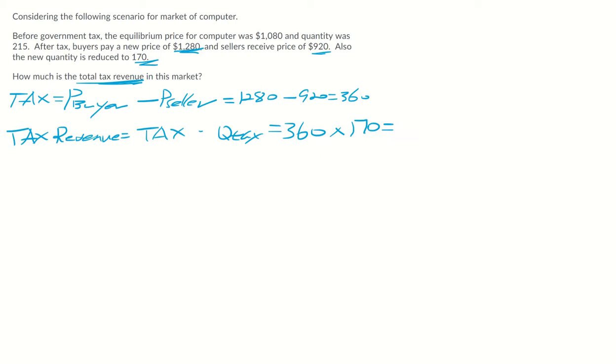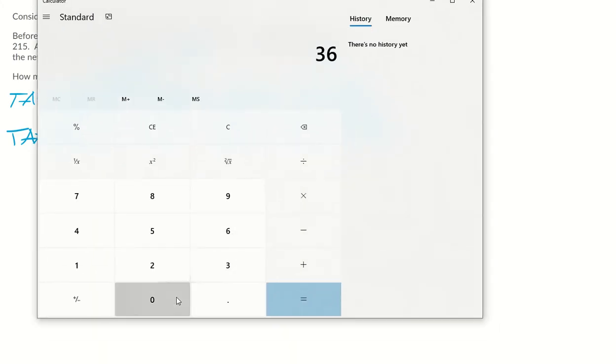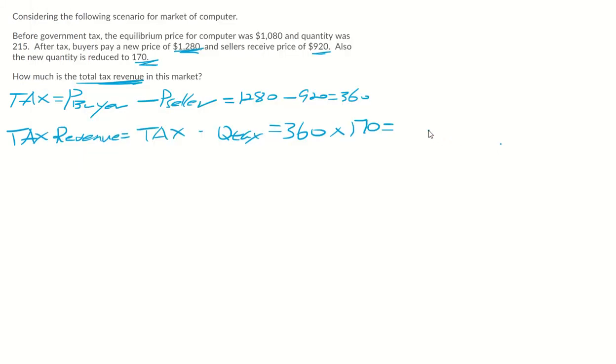So let's see how much this is. Give me a calculator. $360 times 170, and that's going to be 61,200.